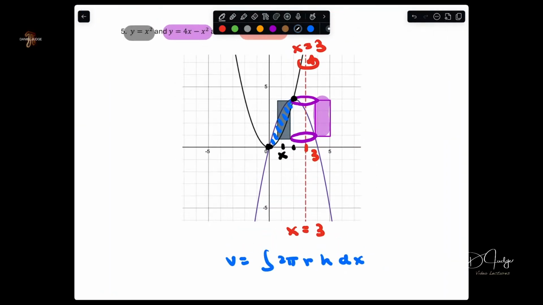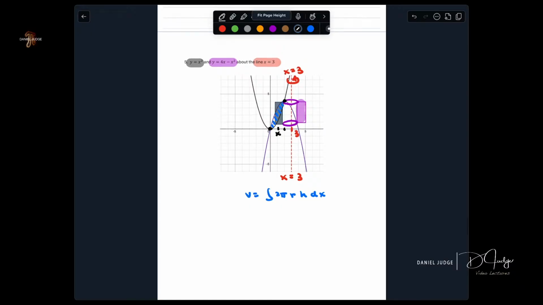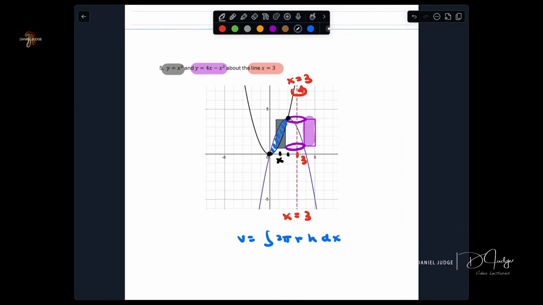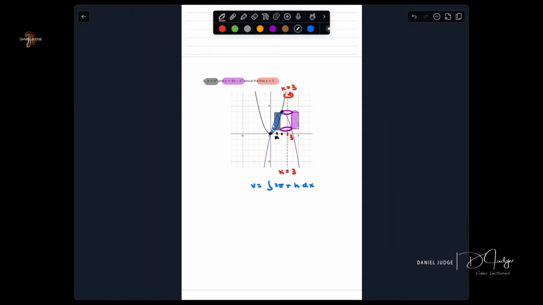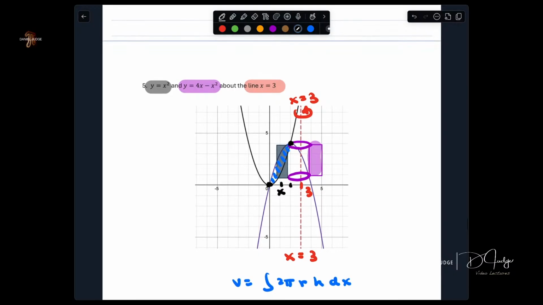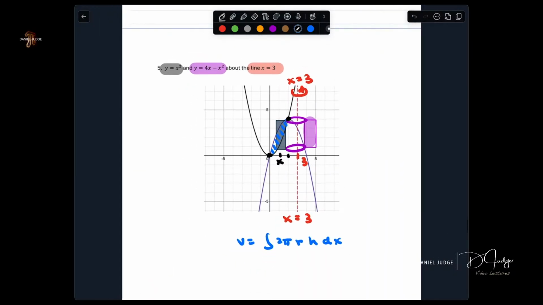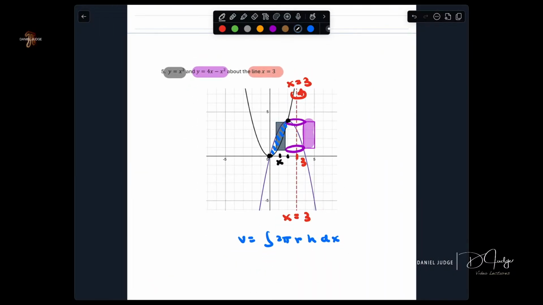That's the point of intersection. So we set the two curves equal to each other now. So x squared is 4x minus x squared, and we solve for x.